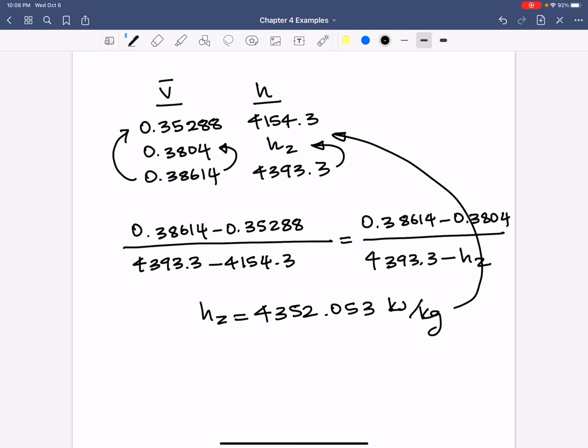So all you have to do is now plug this information into the energy balance, which was mass times H2 minus H1.